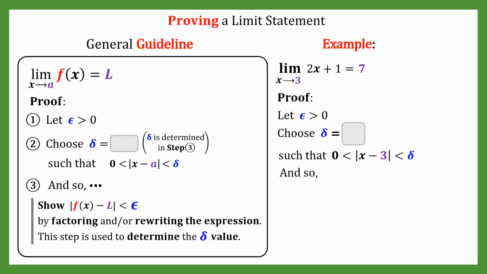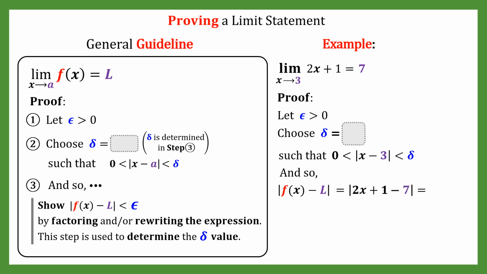And so, based on this inequality, the absolute value of f of x minus L is equal to the absolute value of 2x plus 1 minus 7.